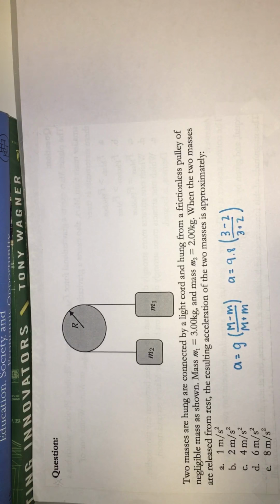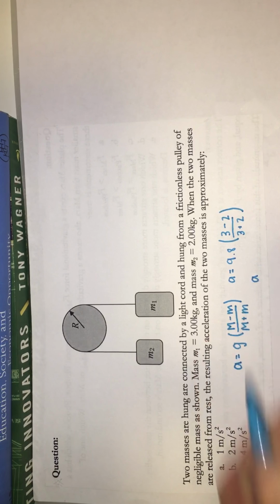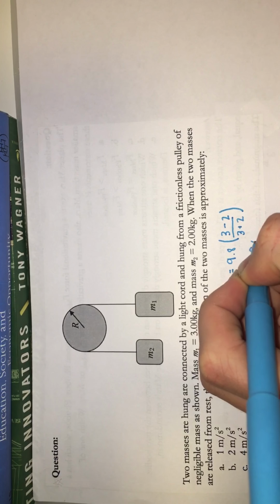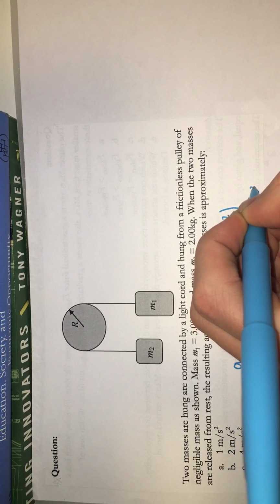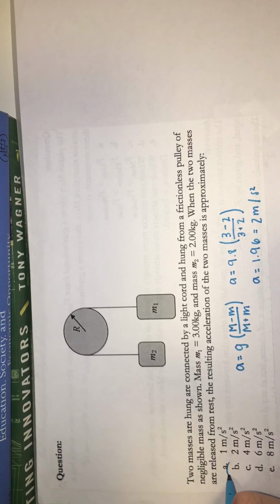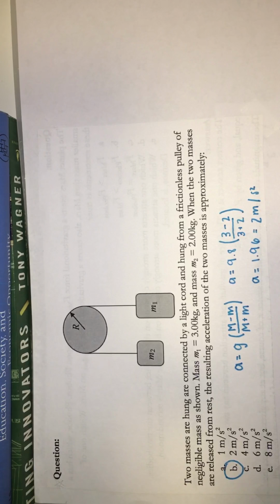If we use our handy dandy calculator, we'll see that A comes out to 1.96, which in this case is going to be rounded to 2 meters per second squared, because we always want to include units. So what does that mean? Well, that means our answer for this question is B. And I hope that was a good reflection of Newton's third law.